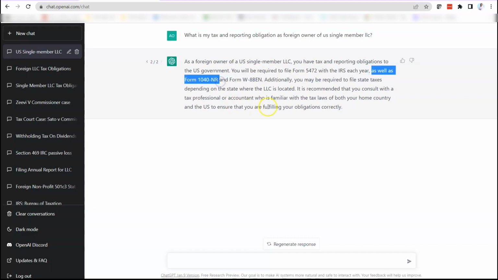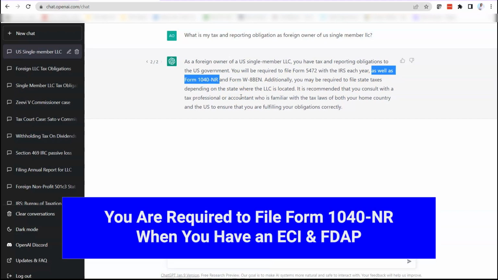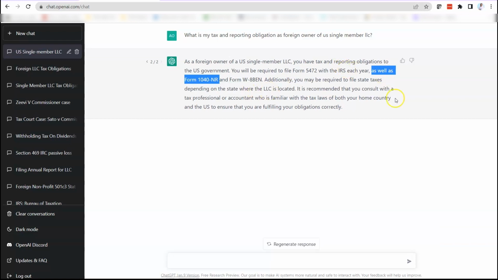Now, let's go to the second one, as well as 1040-NR. On what basis are we filing 1040-NR? This second response that I'm getting from ChatGPT, I can punch a lot of holes in it. It says to file Form 1040-NR. For what reason? You only file 1040-NR when you have U.S. effectively connected income that is connected with a U.S. trade or business. Without more facts, the system cannot tell us to file a 1040-NR.